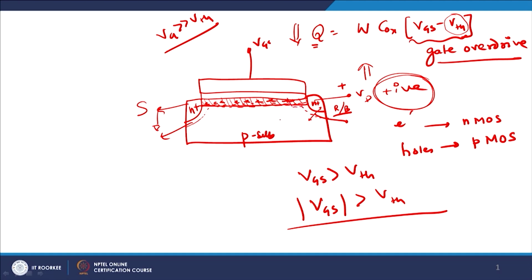The thickness of the charge carriers from source to drain, which was initially like this, now becomes like this, and this becomes like this. So, your depletion eats away into the channel, and you have reduced carriers moving towards the source drain region. We will see its implication later on, but that is what we see from here.